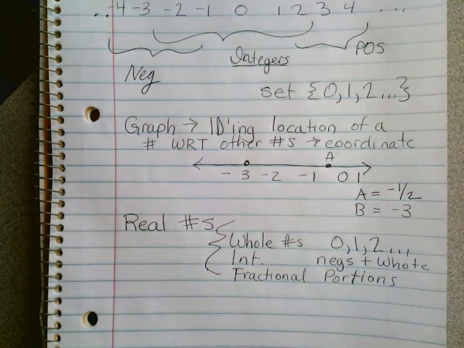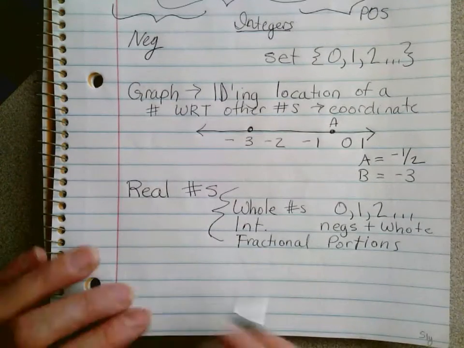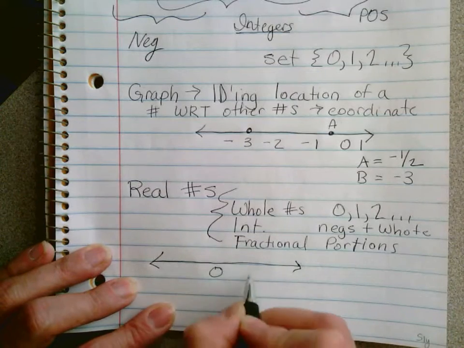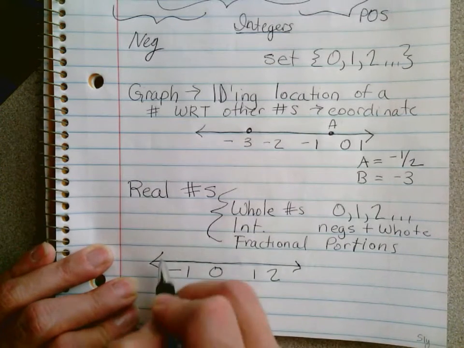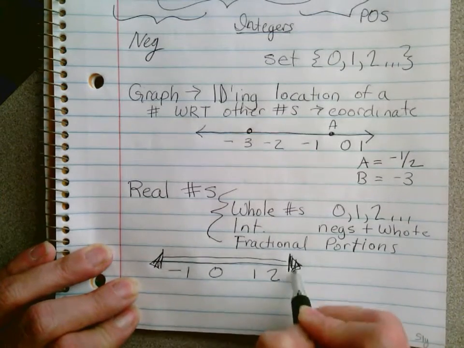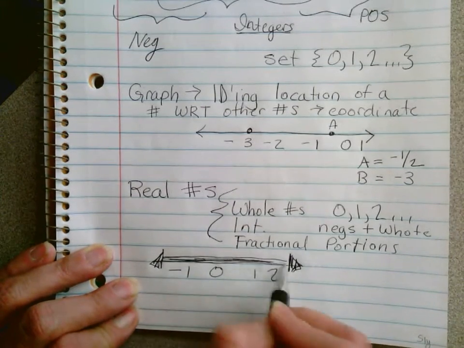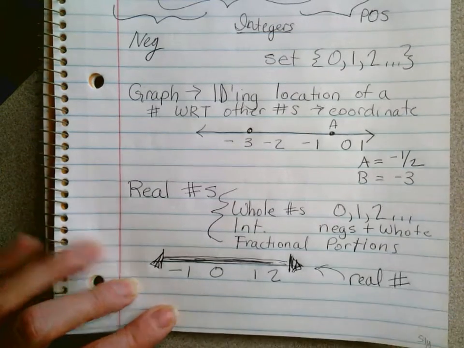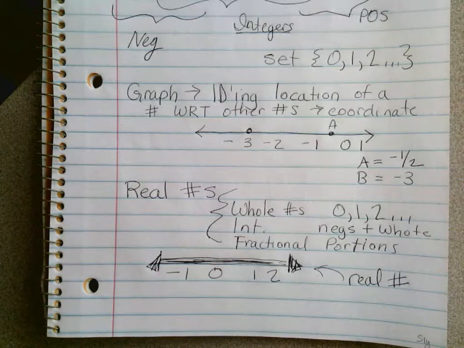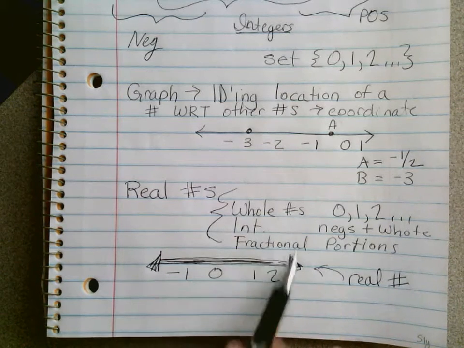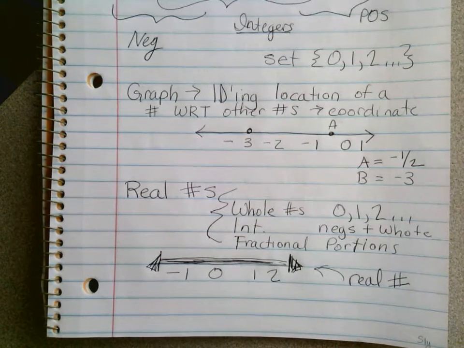Which means if I said graph the set of real numbers, you would do something like this. Every single number that can sit on this number line is a real number. Okay? So real numbers are whole numbers and their integer negative components and fractions thereof. Okay?